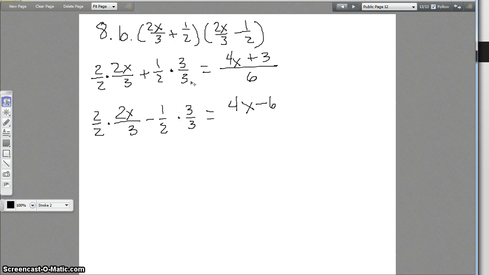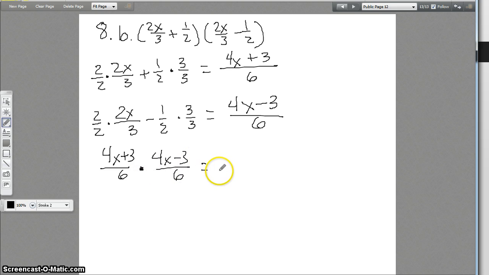I don't know why I wrote a 6 there when I said a 3. 4x minus 3 over 6. I was getting ahead of myself and writing the denominator. Okay, so we're going to end up with 4x plus 3 over 6 times 4x minus 3 over 6.